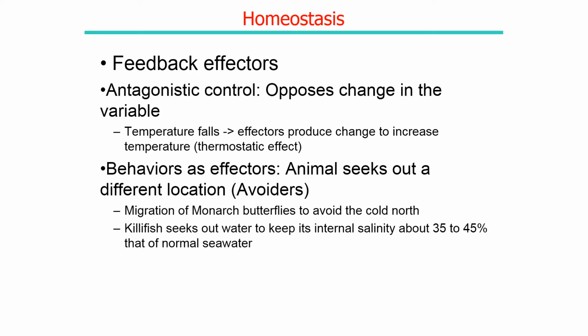For example, in animals, the muscles produce shivering to increase the production of heat, or the effectors can change the behavior of the animals. The animals seek out a different location, or they avoid that location. For example, monarch butterflies migrate to avoid the cold north.